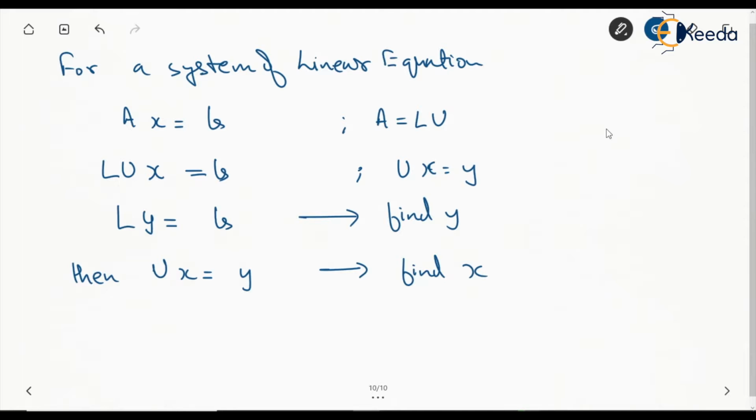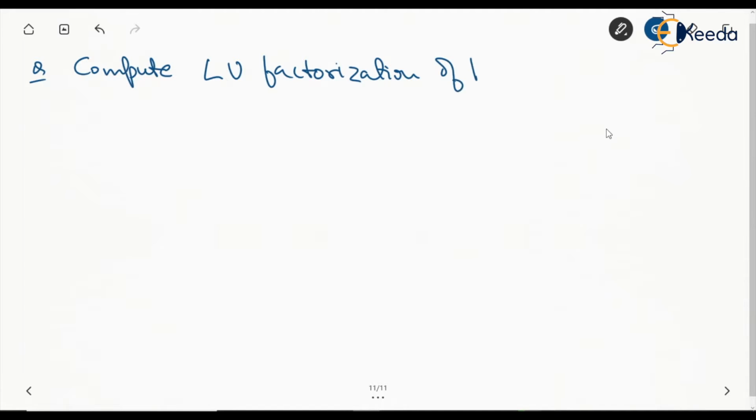So let's see one case. Let's say we have to compute LU factorization of the matrix. So this A is given by 2 1 1, 4 5 2, 2 minus 2 and 0.